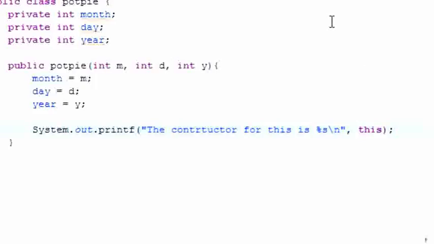When we write this, the keyword this is just a reference to whatever object we just built whenever we call this class. So it's going to say, all right, then what do you want me to put for a string?